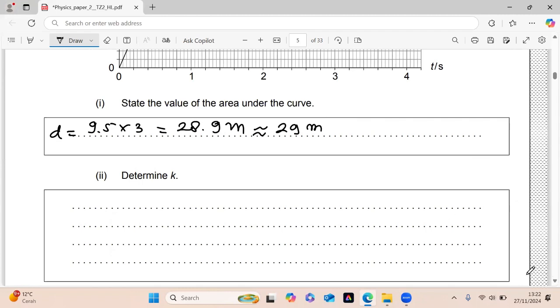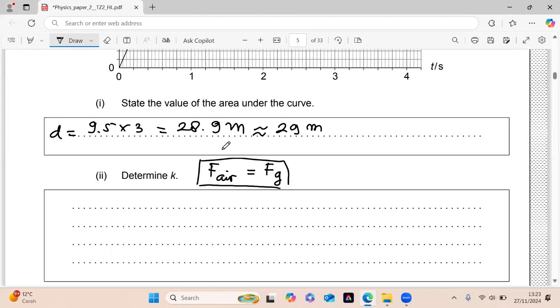Determine K. We're going to determine K. At terminal velocity, the force of air equals the gravitational force. These are the conditions at terminal velocity.